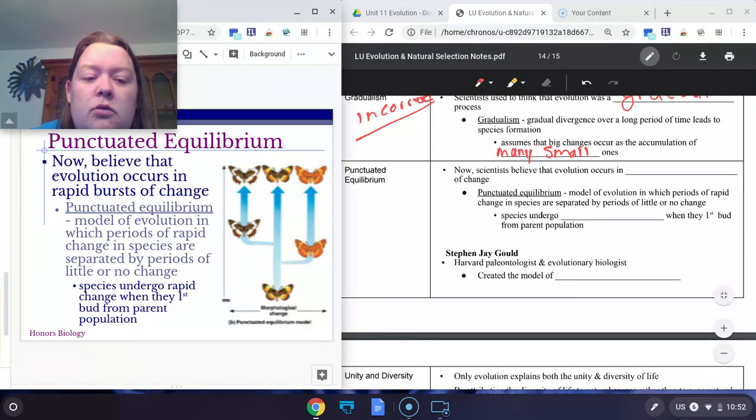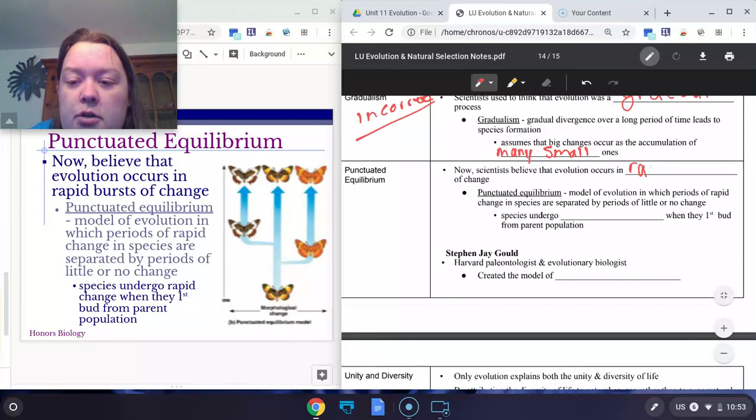So punctuated equilibrium is a process that scientists now believe is the way that evolution occurs. And it says that evolution occurs in rapid bursts of change. So it's a model of evolution that says evolution happens in periods of rapid change, but in the middle, nothing changes.